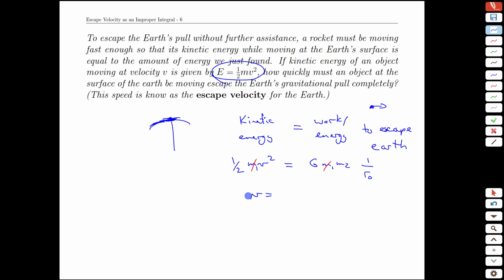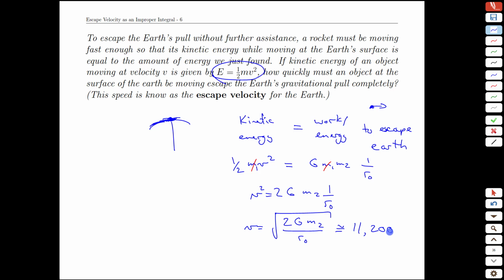The speed that we need to go would be given by G m2 times 2, and that'd be v squared, 1 over r naught. And that gives us v is the square root of 2 times the universal gravitation constant, mass of the Earth, over the radius of the Earth. And if we plug in the values we have, we actually end up with a value of approximately 11,200.